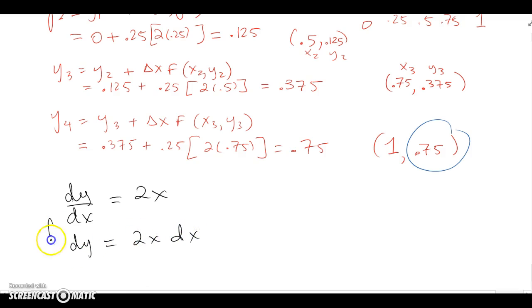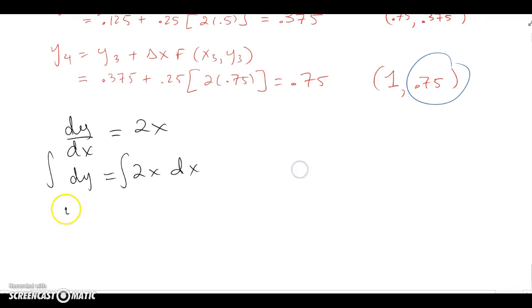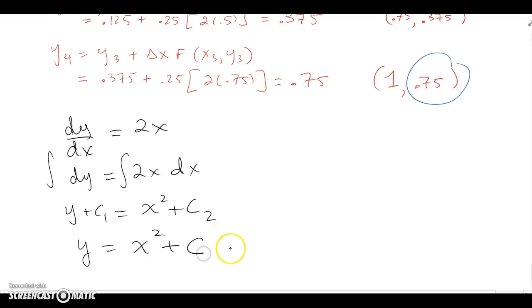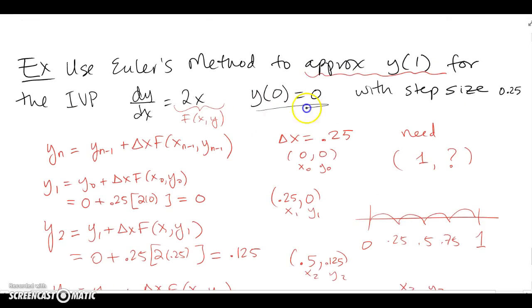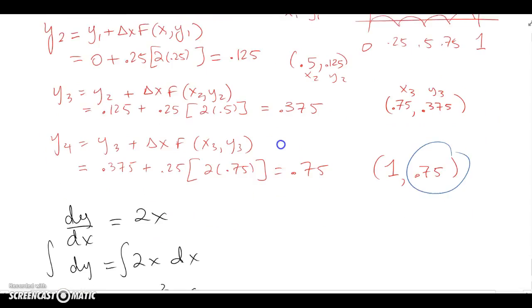We've seen this before, and we're going to have y equals x squared plus some constant, so ultimately we'll say x squared plus some c. So this is the family of curves, but we were only interested in the one that was going through (0, 0) because that was our initial condition.